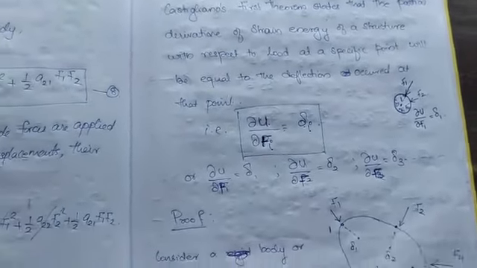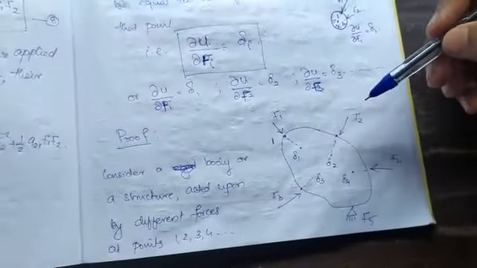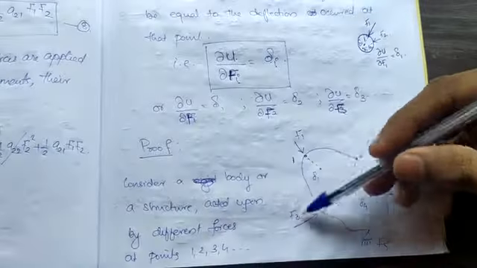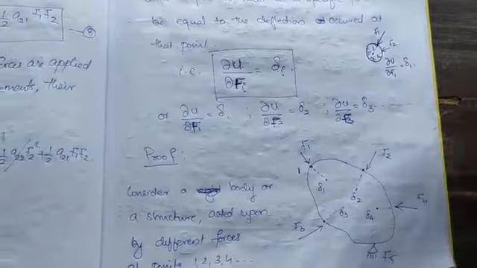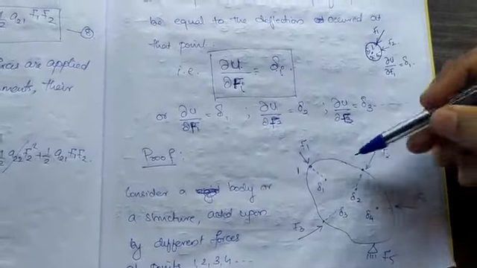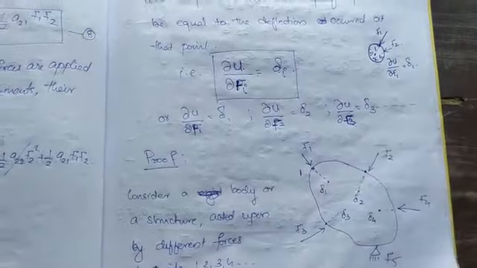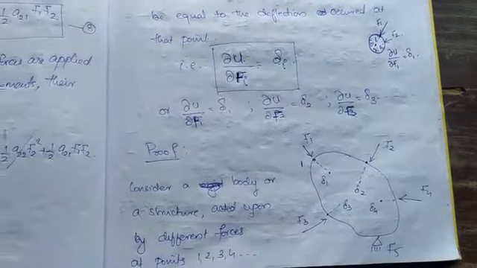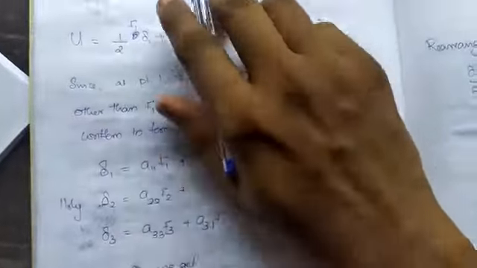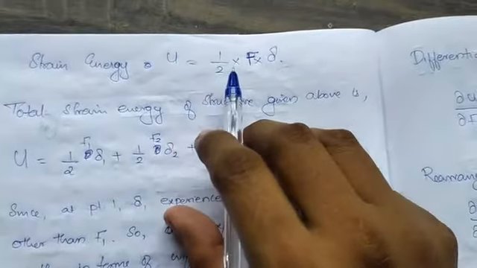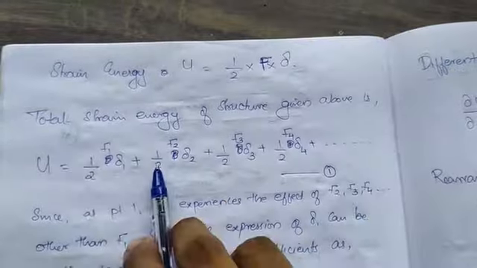Consider a body which is acted upon by forces F1, F2, F3, F4, F5, etc. Now they have displacements, respectively, delta 1, delta 2, delta 3, delta 4. Now the strain energy, you know, is half into F into delta.